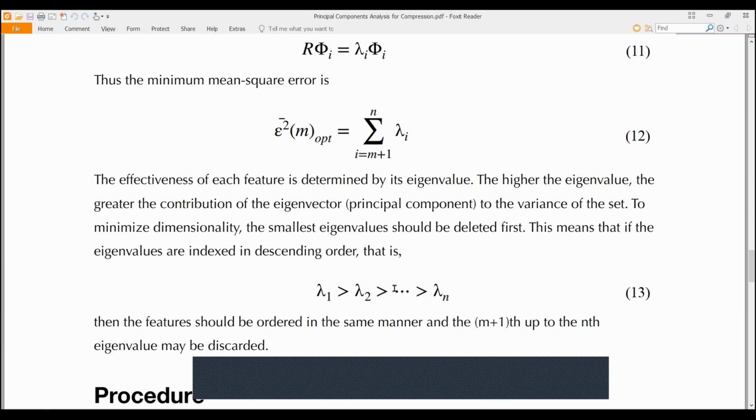Okay, so that means, because this is our error, the m plus 1 to the nth eigenvectors can be discarded because their eigenvalues are assumed to be small.